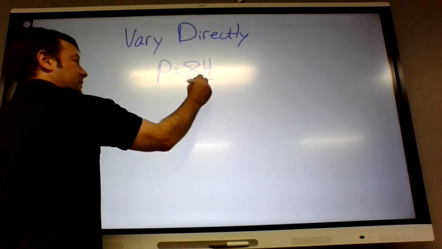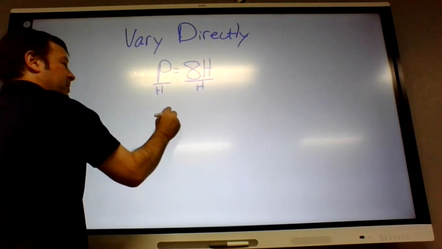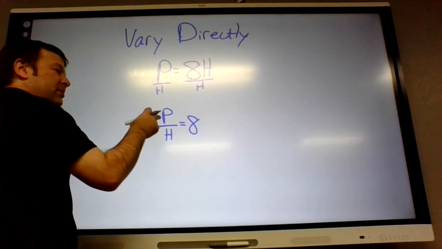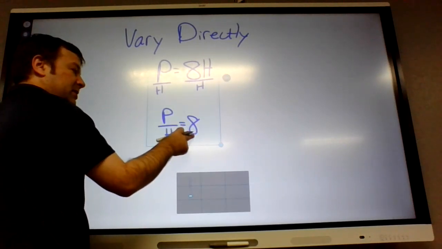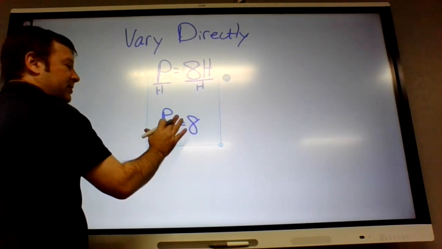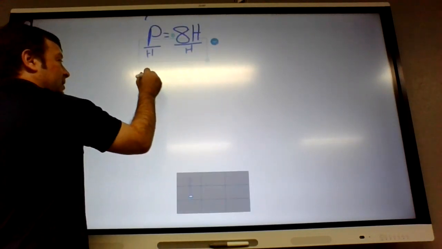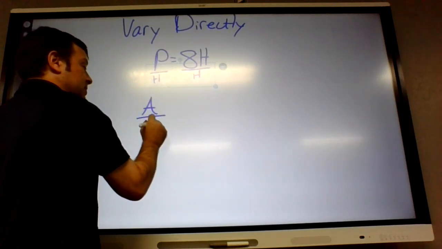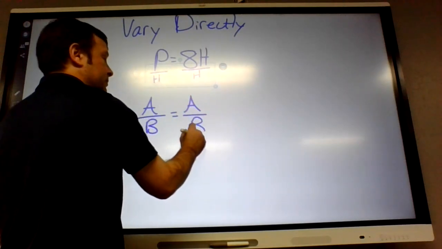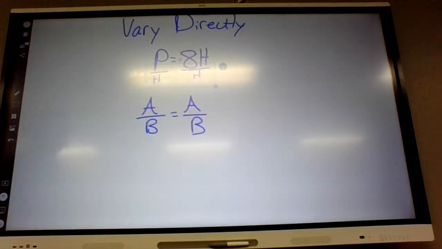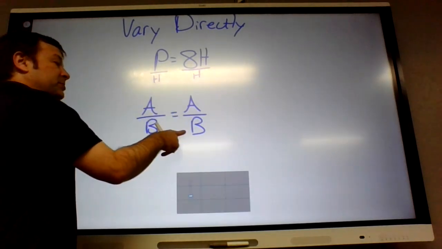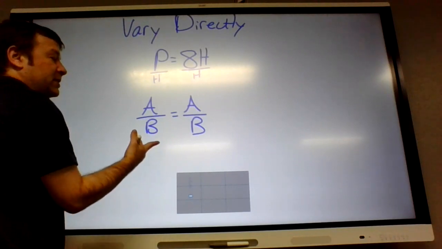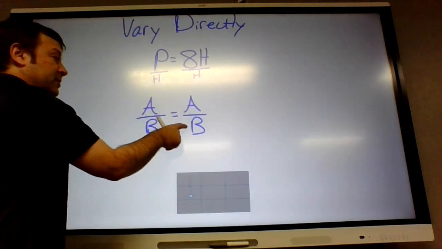Then I divided by h, so pay over h equals 8. No matter what payment an hour you have, they should equal 8. The way you set it up on these problems, it'll just be a over b equals a over b. When things vary directly, their ratios will always be equal. They should always equal the constant of variation, but we're just going to set them up like this for directly.